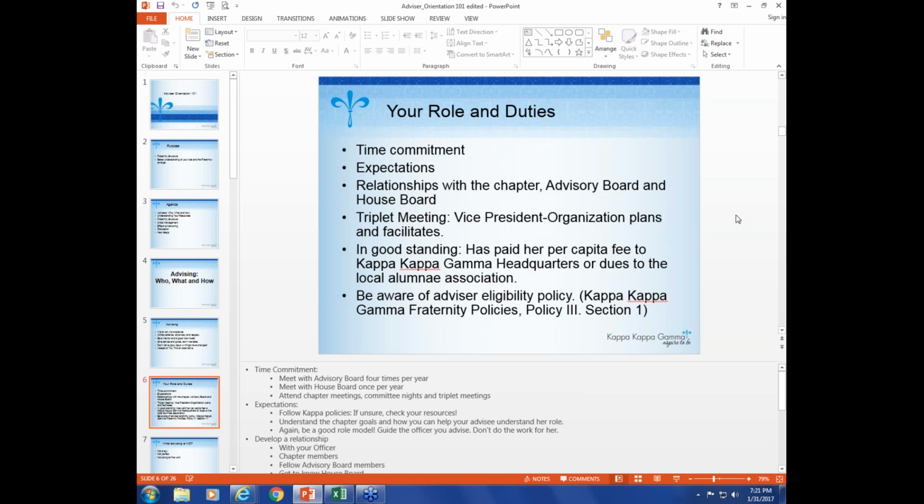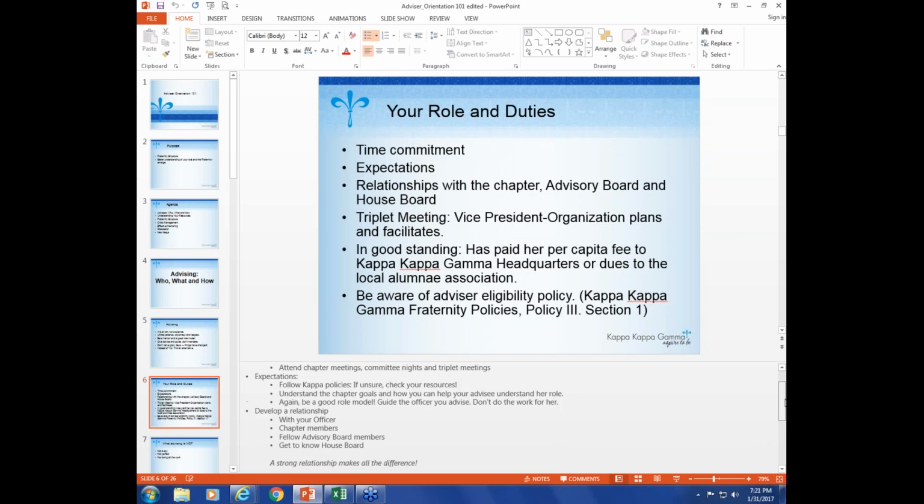An advisor must be in good standing with the fraternity, so that means you must pay your dues to the local alumni association or pay your per capita fee directly to Kappa headquarters.